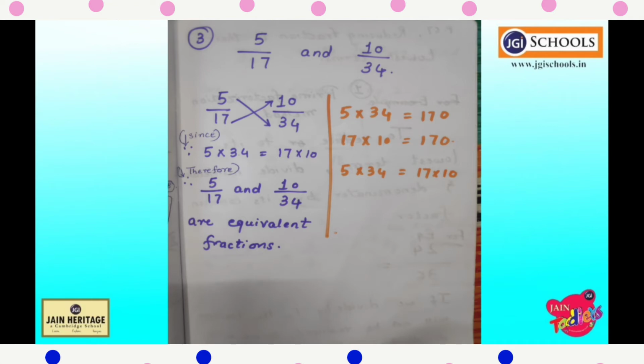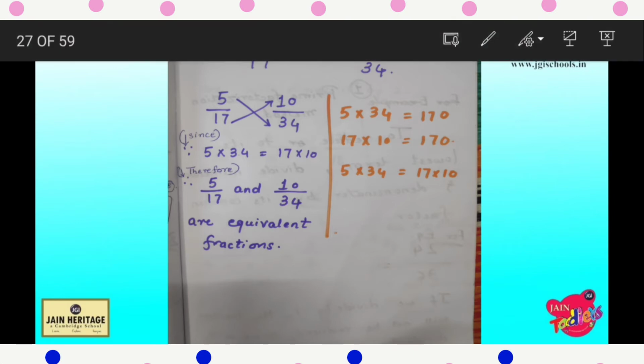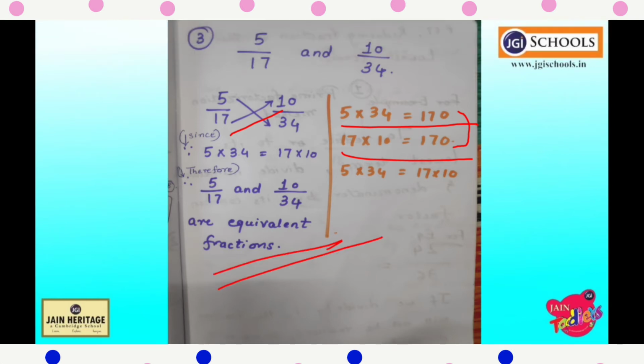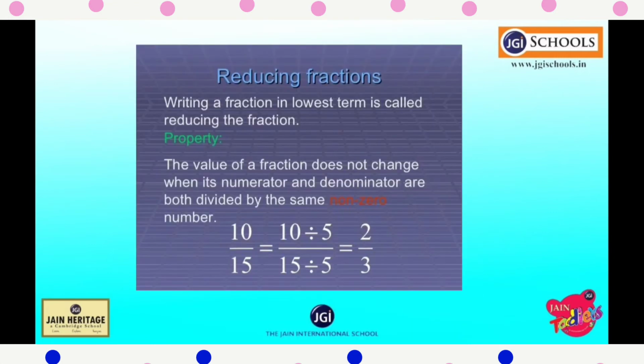Now see this thing. Here we are multiplying different numbers. 5 by 34, it is 170. And 17 by 10, this thing, it is also 170. These two numbers are equal. Therefore, they are equivalent fractions. Okay. Understood this thing now?